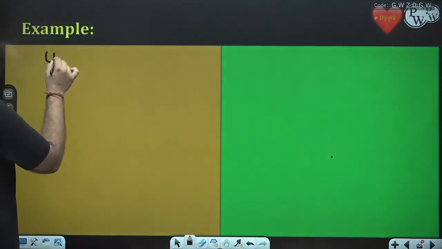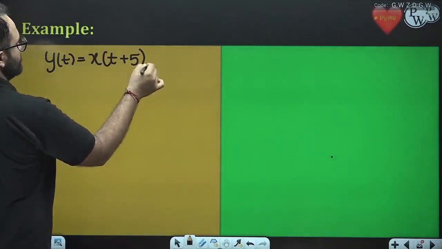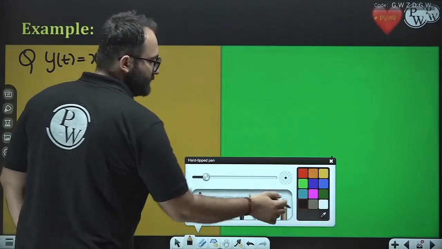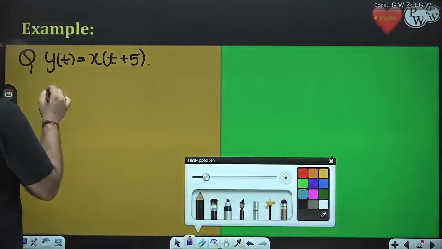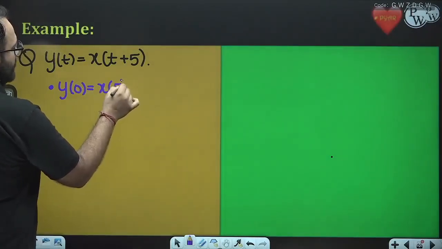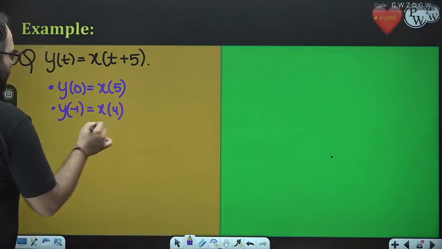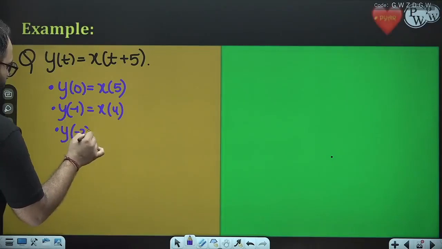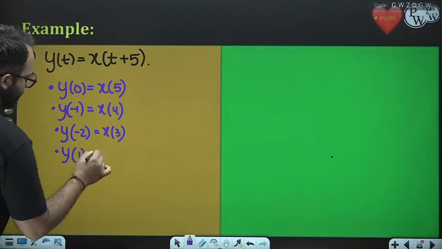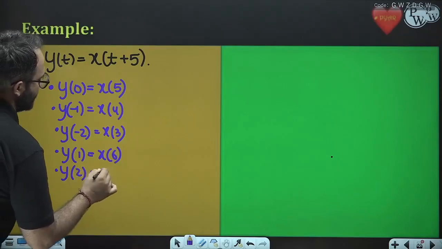For example, y(t) equals x(t+5). Now here, just put y(0), that is x(5); y(-1), that is x(4); y(-2), x(3); y(1), x(6); y(2), x(7).